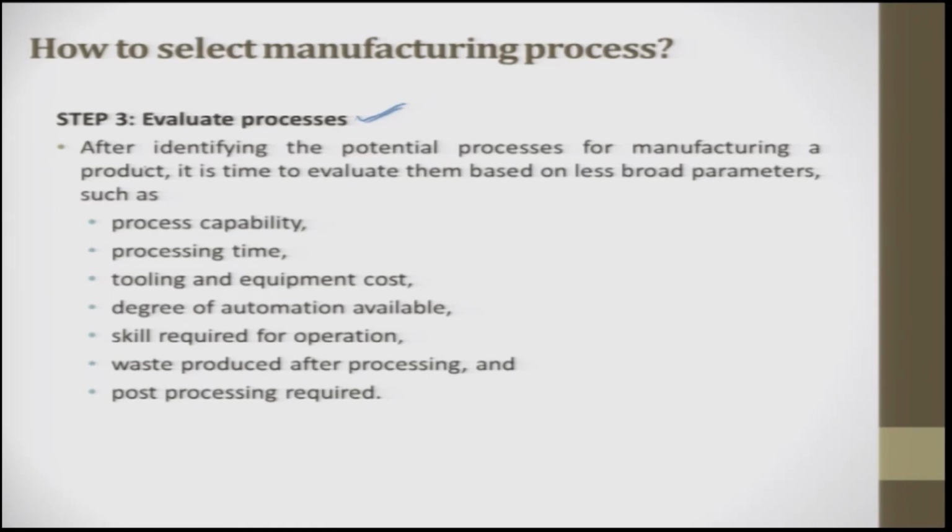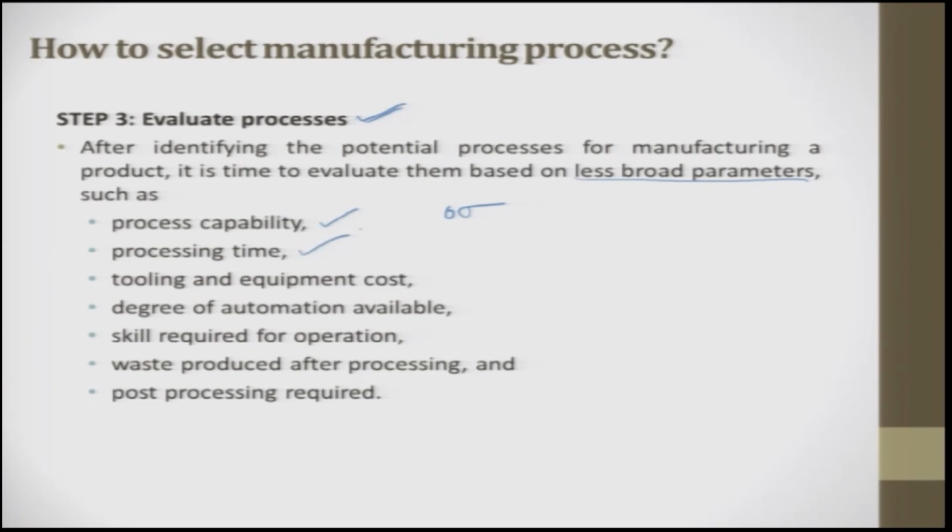After identifying the potential processes for manufacturing a product, it is time to evaluate them based on less broad parameters such as process capability. We can talk about 6 sigma, whether whatever I produce is within the tolerance, and I can produce it for a longer time. What is the processing time?